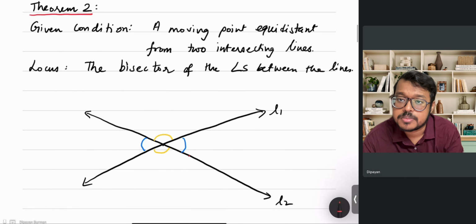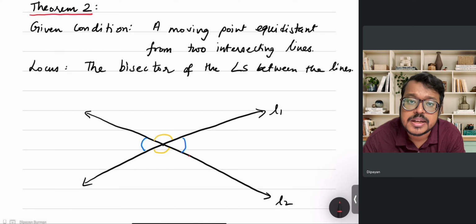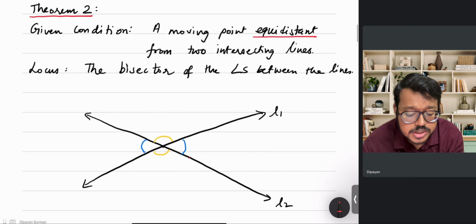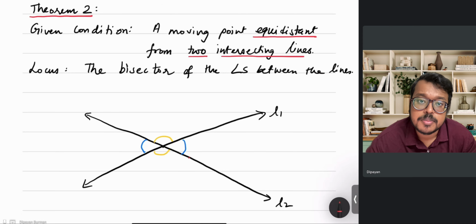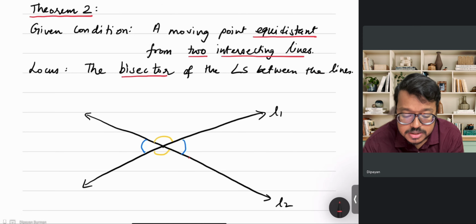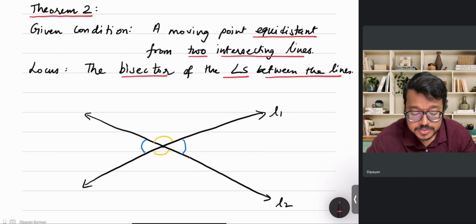Then the next theorem has the given condition that I need a moving point which is always going to be equidistant from two intersecting lines. According to the theorem, the path traced by this moving point will be the bisector of the angles between the two intersecting lines.